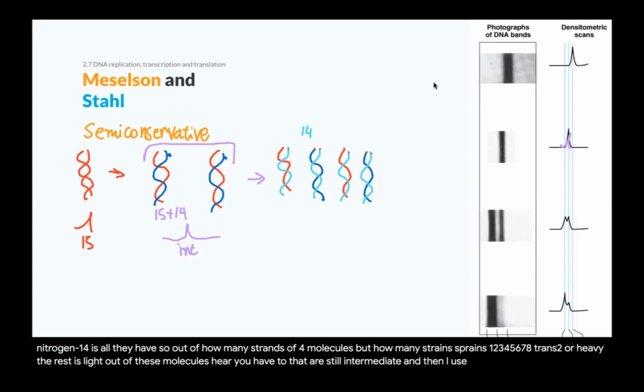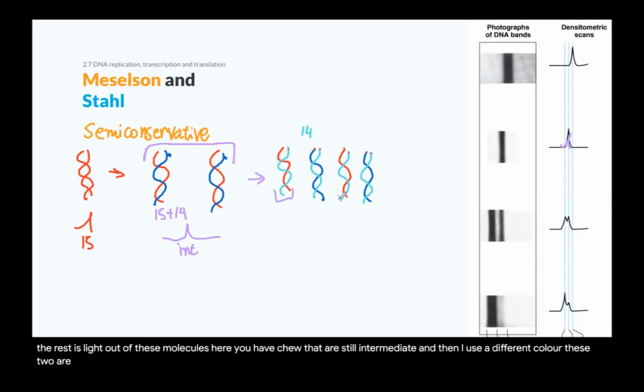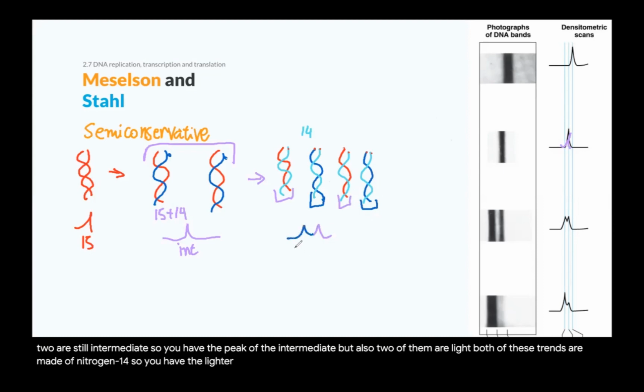I'm going to use a different color. These 2 are still intermediate. So you have the peak of the intermediate, but also 2 of them are light. Both of these strands are made of nitrogen 14, so you have the lighter peak of 14. So you have the peak of 14, the peak that is intermediate, and no peak for the heavy one.